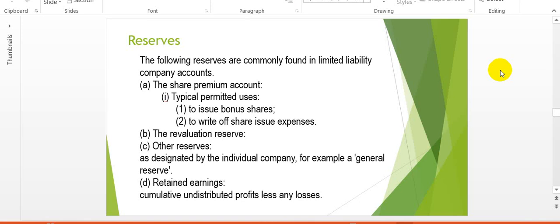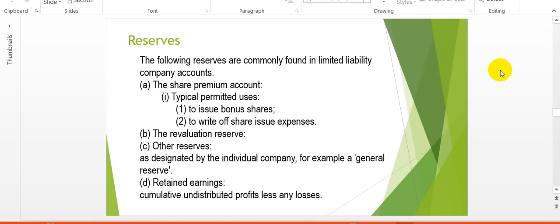The other reserve is the retained earnings, which again we've explained is the cumulative profits which have not been distributed, coming from previous years and being reinvested in the business.